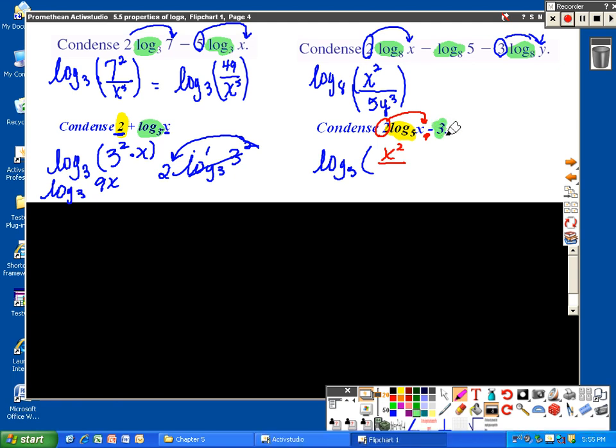I have to put that into log 5. So my base is 5 and the exponent was 3. So this becomes log 5 of x squared divided by 125. And again, you could work backwards. The 3 would come to the front, and log 5 of 5 would be 1, times the 3 would leave the 3 standing alone.